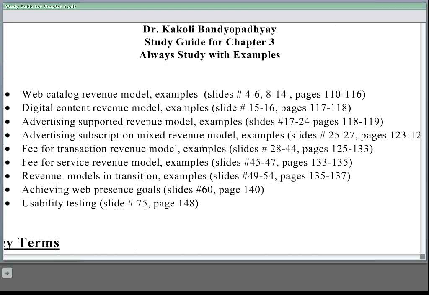Then digital content revenue model. These are basically strategies for selling subscriptions for access to information. So you would have access to the information, and for that the company would be selling a subscription. A very good example would be the ProQuest database. We do have ProQuest database available from the library website.